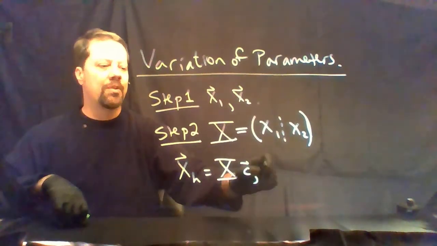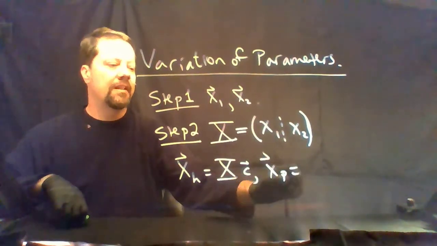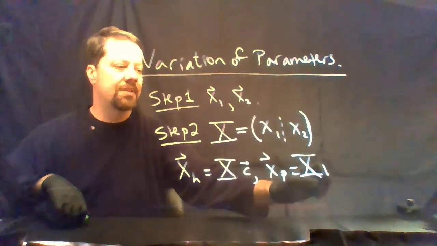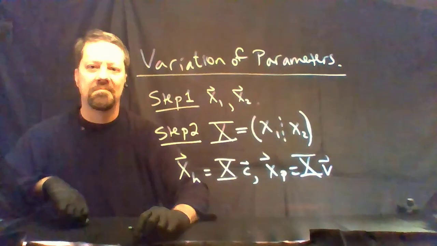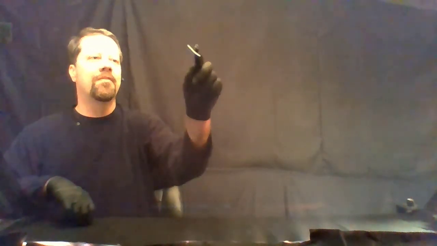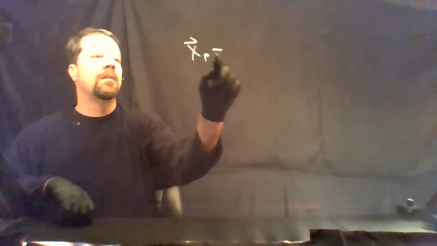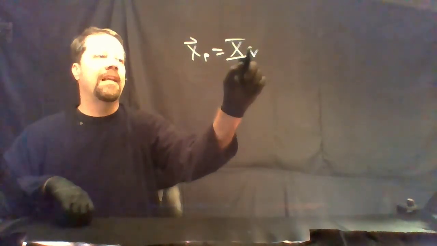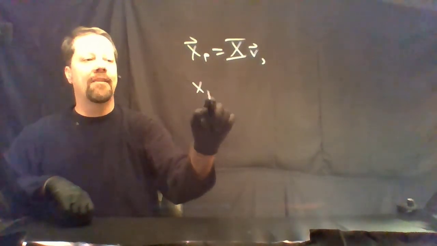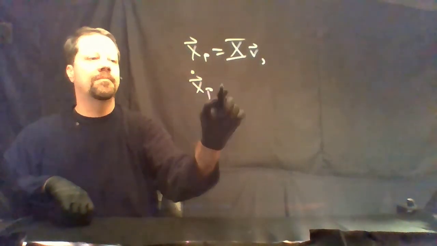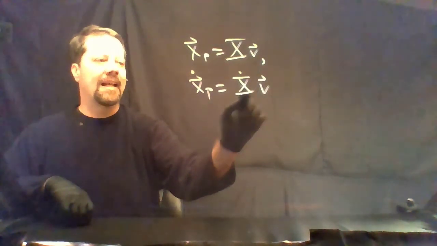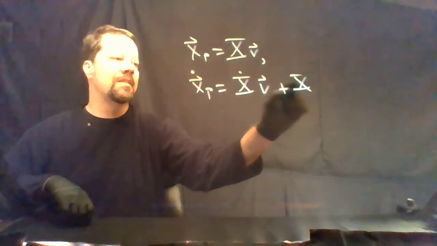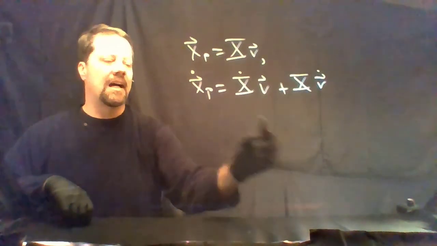We're going to assume that a particular solution is of the form X times some vector v, varying these parameters c. With a solution of the form Xv, we'll calculate the derivative. By the product rule, we get X dot v plus X v dot.